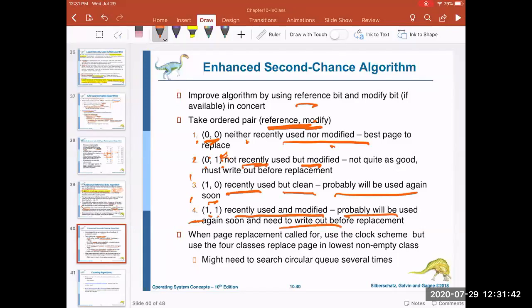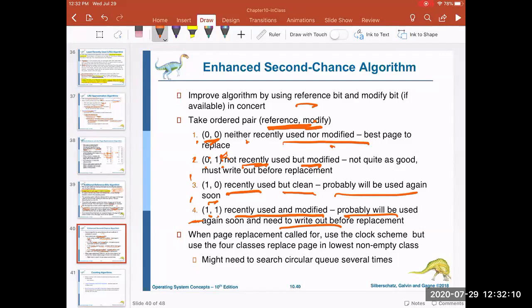Remember, we should try to give a chance to modified pages, because if something is modified, we have to rewrite its content into the secondary storage. That will increase the swap out process. So if we can keep a modified page in memory, that would be better, because more modifications may be expected to that particular page.